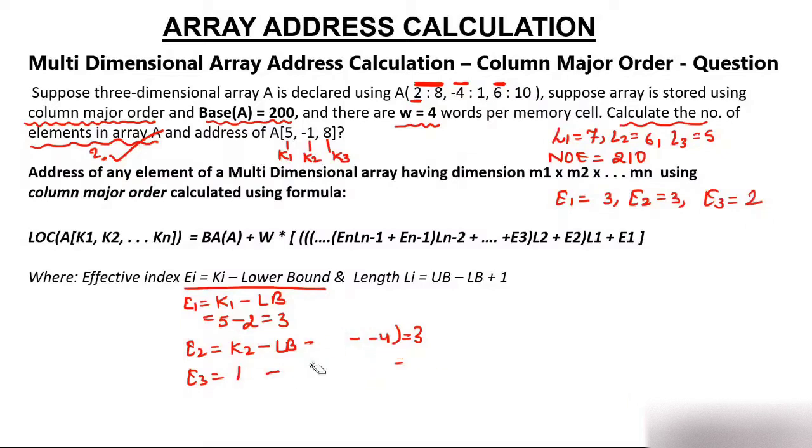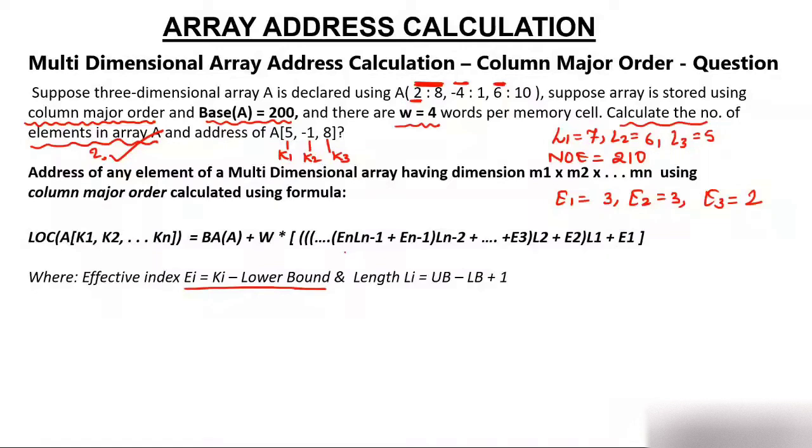Fine. So finally you calculated this. Now you have calculated everything. Your job is to just put in the above formula. If you see the above formula of column major order, it starts from n. So what is n? The number of dimensions. Here the number of dimensions is 3, so it will start from 3. So the formula will be something like this: base address plus W into E3, because the n value is 3, E3 into L2.